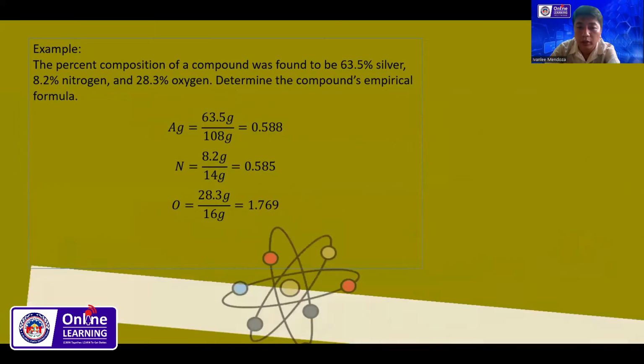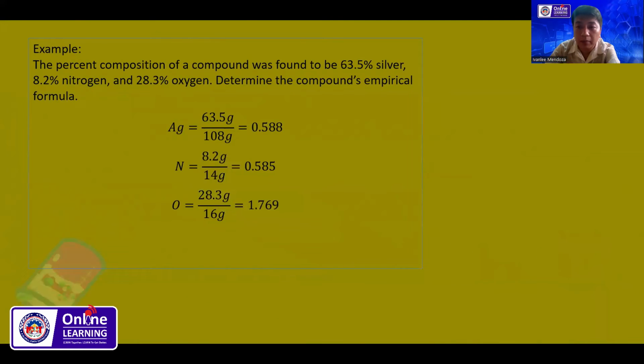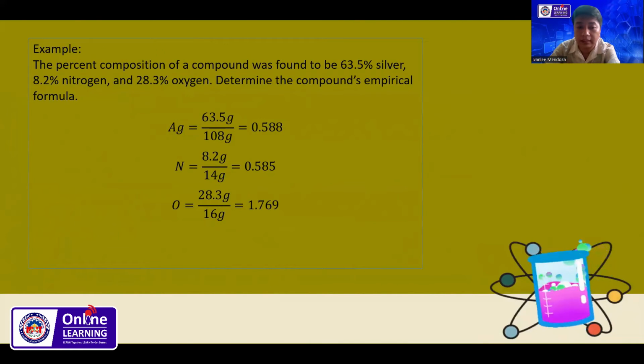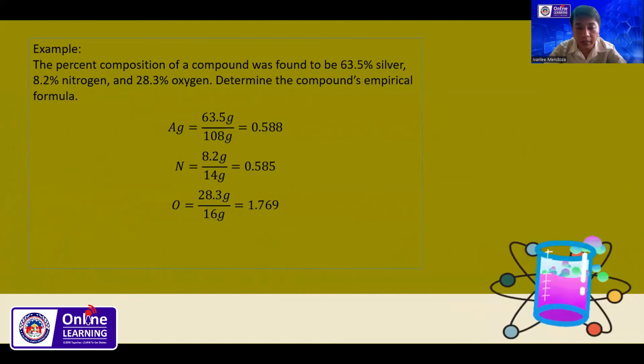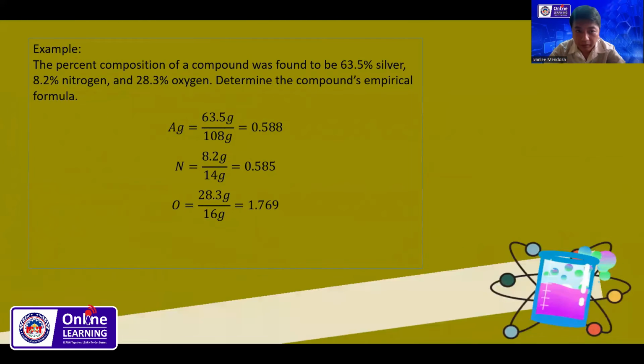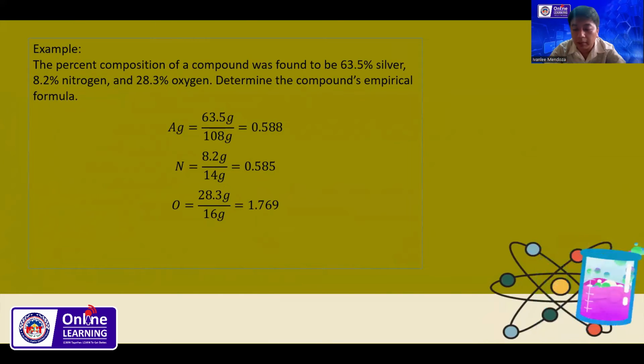So the answer is 0.585. And then for oxygen, we have 28.3 gram divided by its atomic mass, that is 16. Then the answer is 1.769.